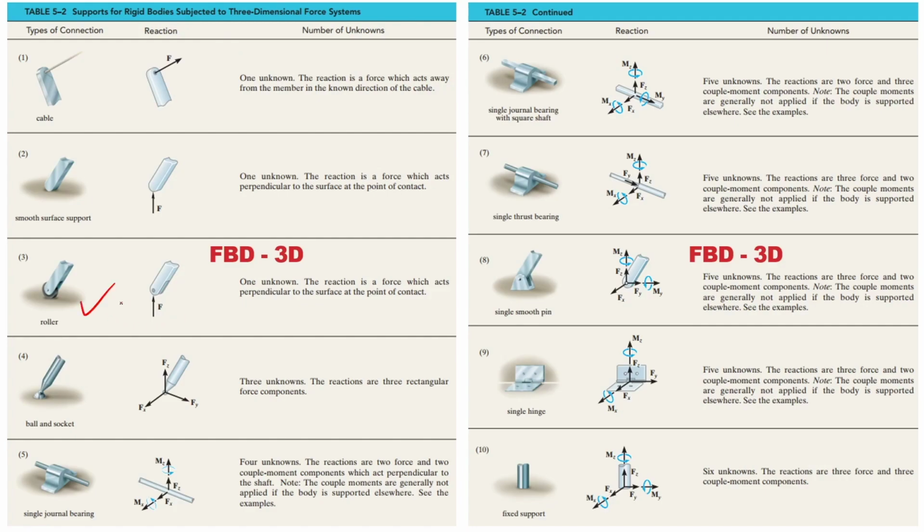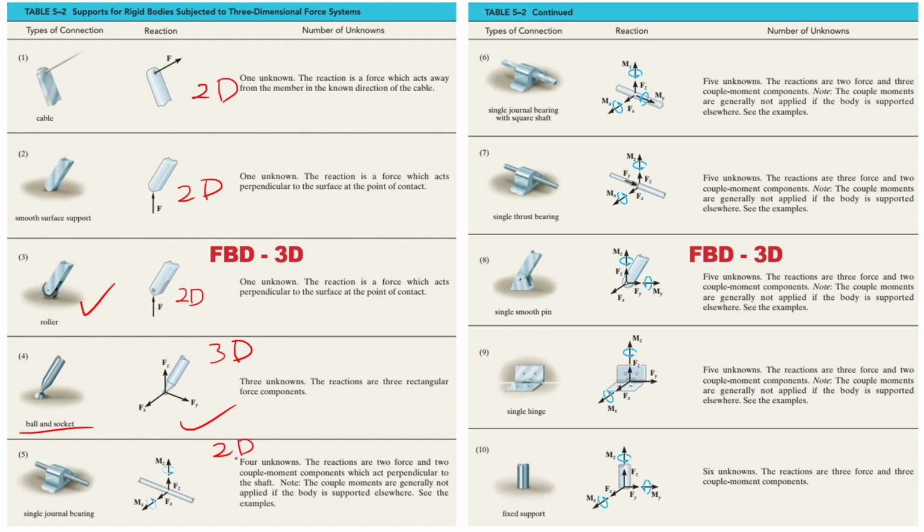If you look at it, you've got a roller, just one, ball and socket has 3, X, Y, Z. Bearing. So for bearing, how many are there at the bottom? The top one, even though it looks 3D, is still 2D. This one, yes, 2D. This one is 3D, no choice.